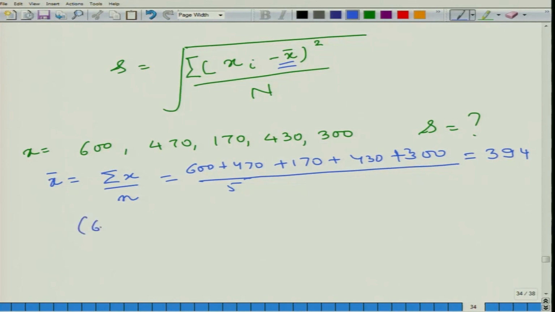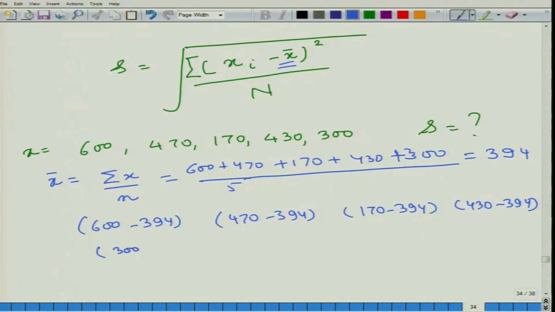So, you will have 600 minus 394, 470 minus 394, 170 minus 394, 430 minus 394, and 300 minus 394.